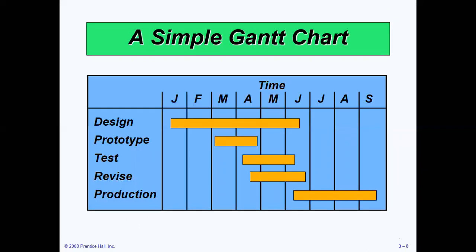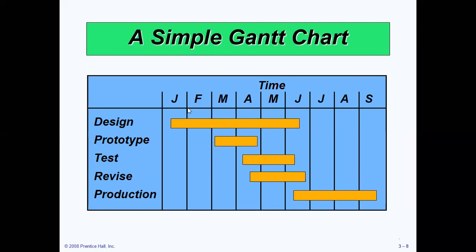Let's talk about the Gantt chart. A Gantt chart is a chart which shows the progress of different activities within a particular project. It shows the activities against time.